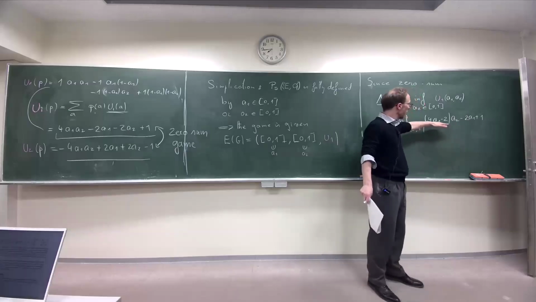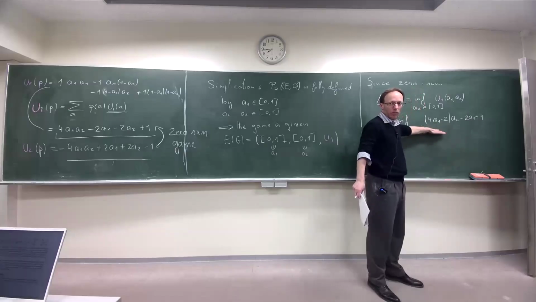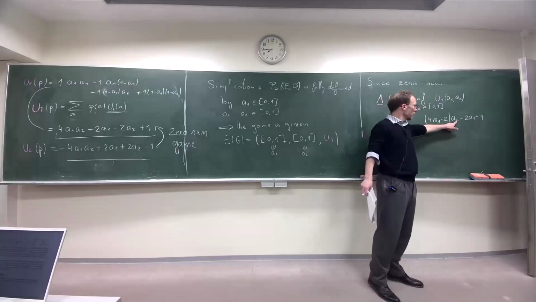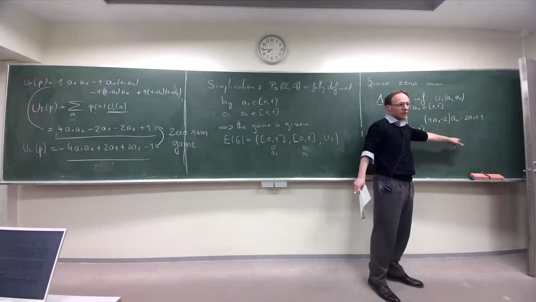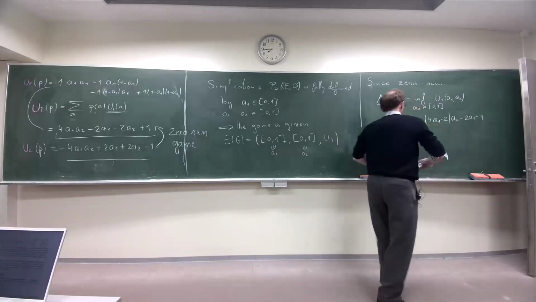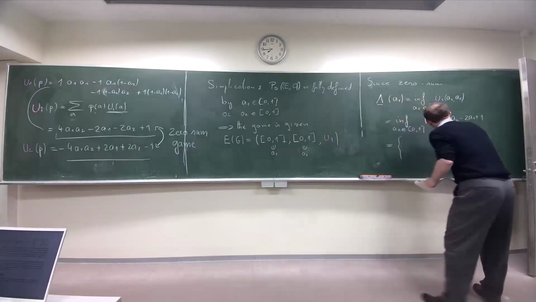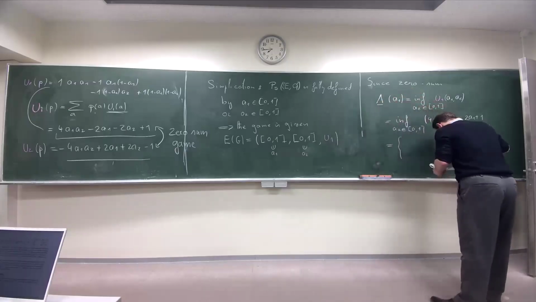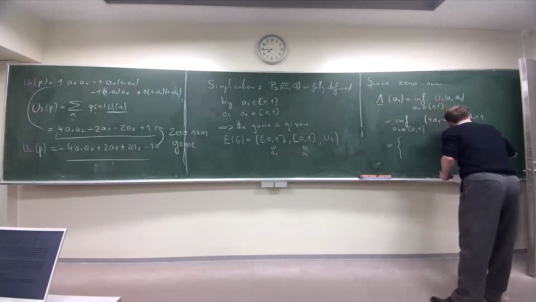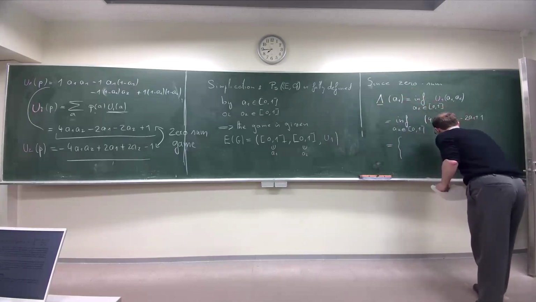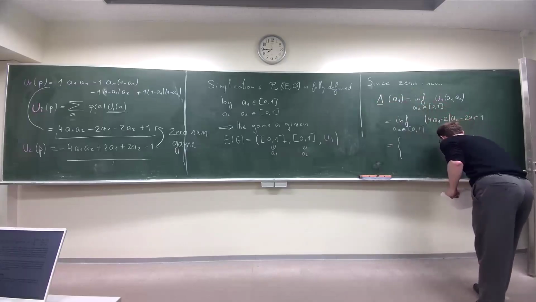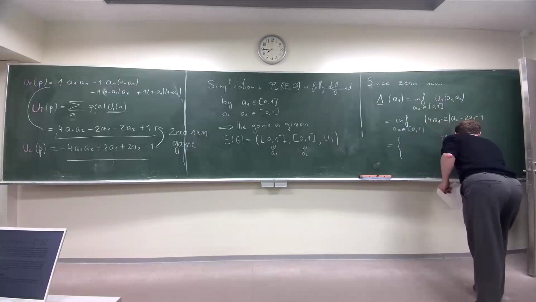On the other hand, if the parenthesis is negative, it helps me to get a lower number, so I had better take A2 equal to 1. So we have three alternatives: A1 smaller than 1/2, A1 equal to 1/2, and A1 bigger than 1/2.